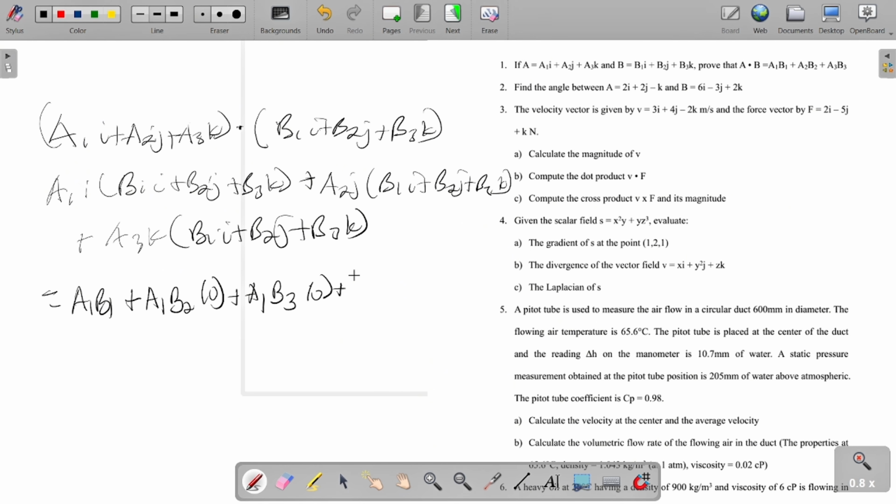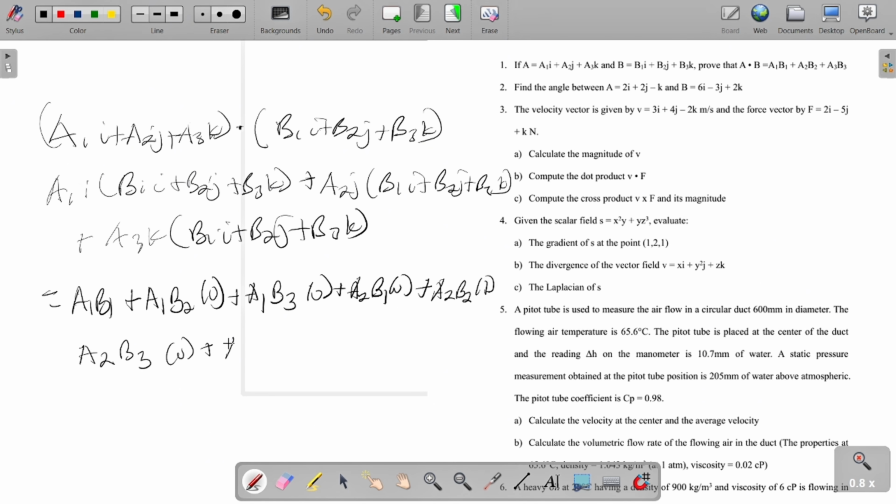Then we move to the a2 side. So we have a2 b1, and you can see that j dot i is also 0. Then plus a2 b2, j dot j is 1, right? Then we move to a2 b3, and j dot k is also 0.